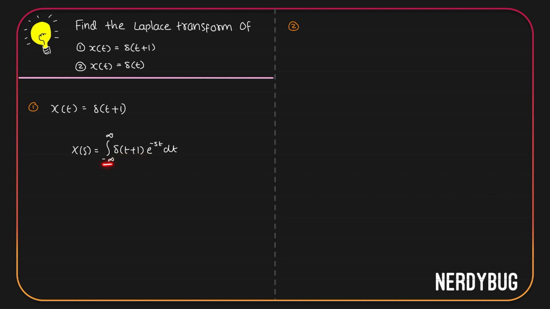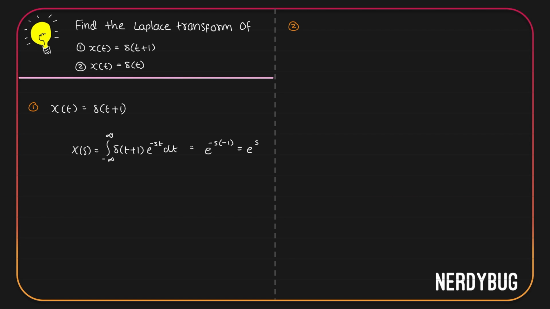So we don't have to really integrate from minus infinity to infinity. We'll just take the value of this product at t equal to minus 1. And that will be delta of t plus 1 at t equal to minus 1 is 1 multiplied by e raised to minus st at t equal to minus 1 is e raised to minus s multiplied by minus 1, that is e raised to s.